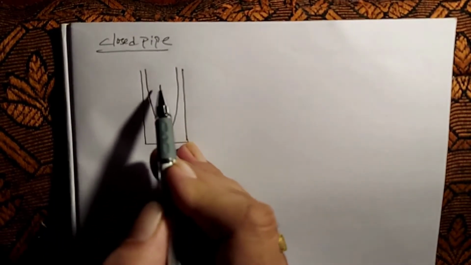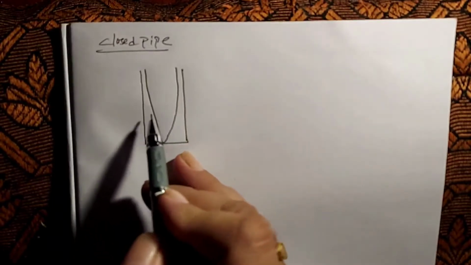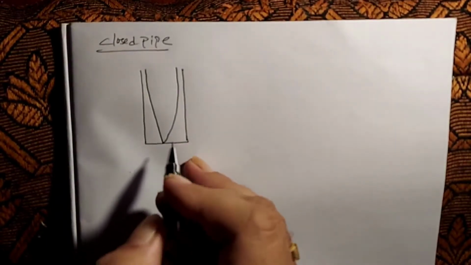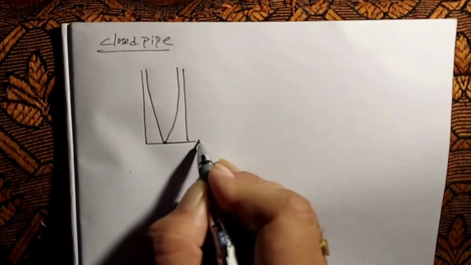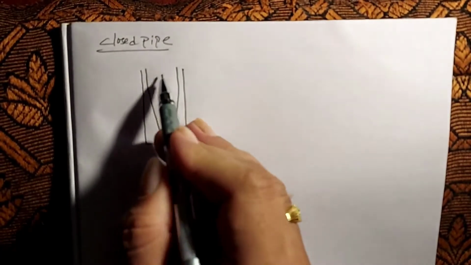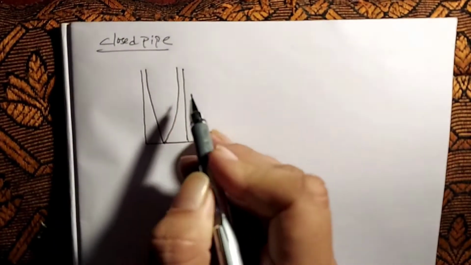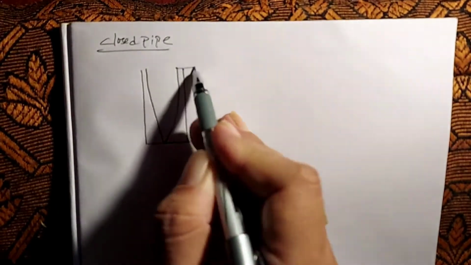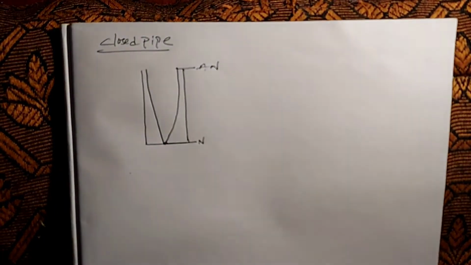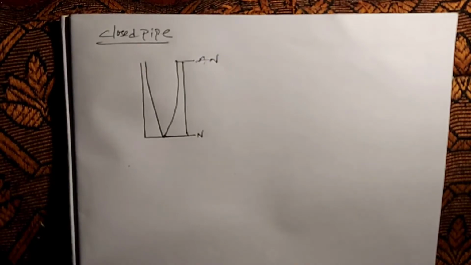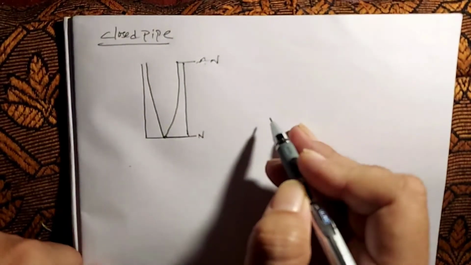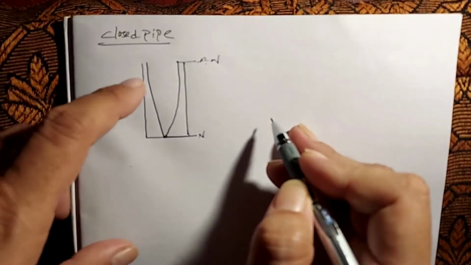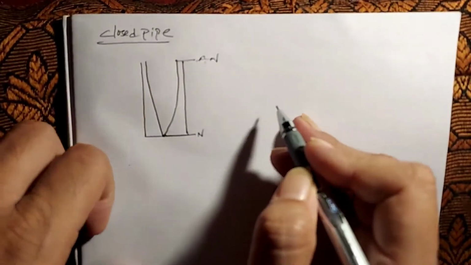Here the air particles in the pipe vibrate. At the closed end a node is formed, and at the open end the particle displacement becomes maximum, so an antinode is formed. Here the air column is vibrating.